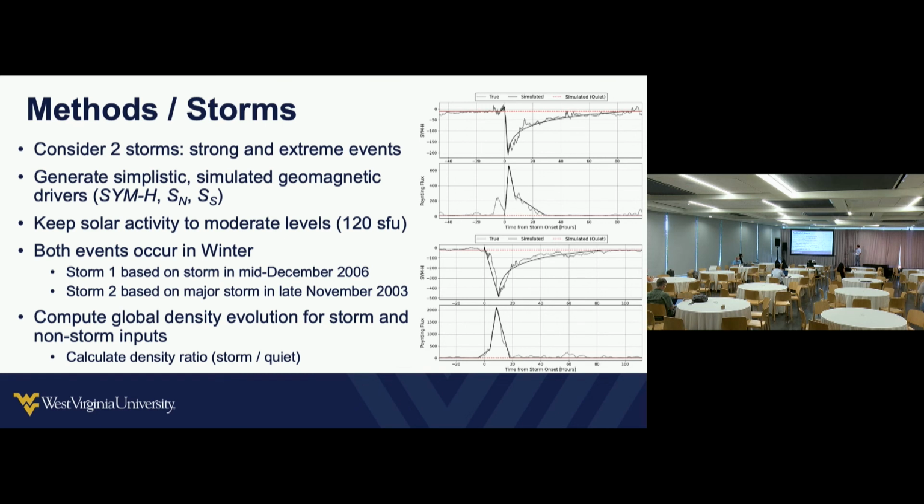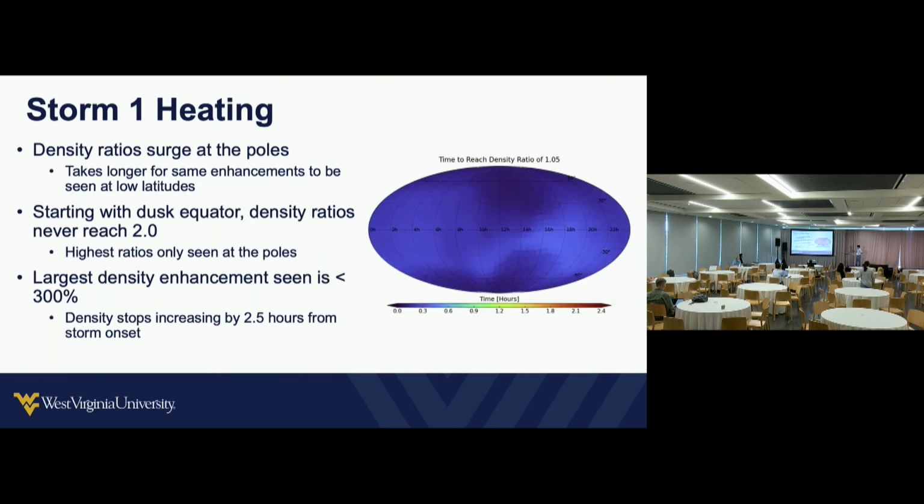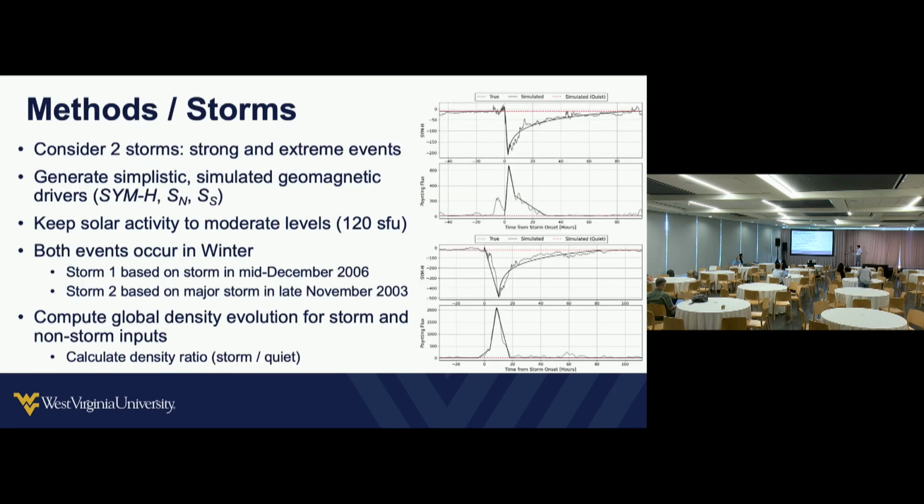But essentially, what we did is we looked at 2 different storms. One, a medium storm going to SYM-H that is about -200, and another, a major storm, which is about -500. And to really concentrate on the drivers, we smoothed out the drivers and took out a lot of these wiggles.